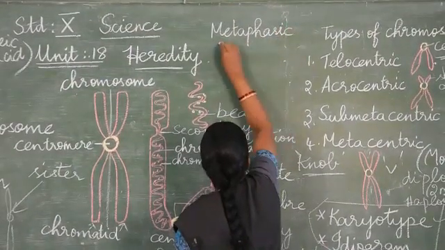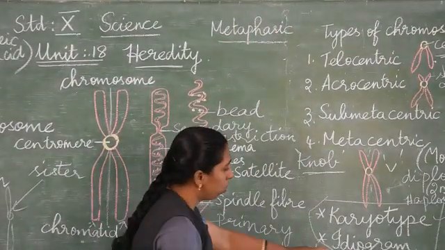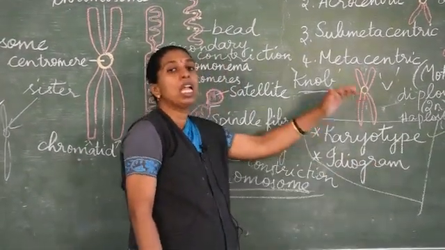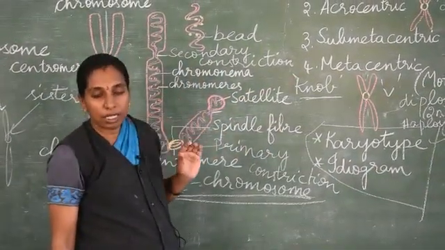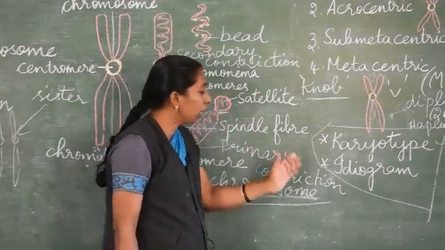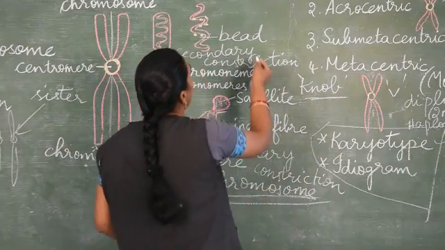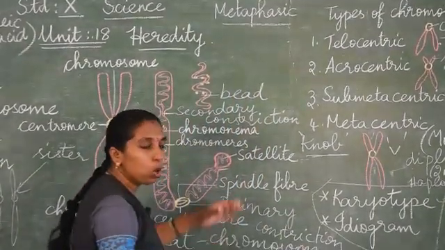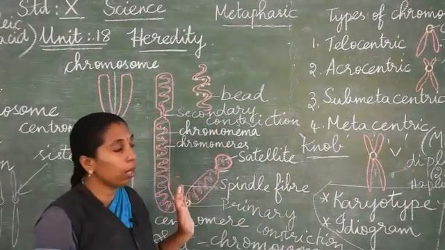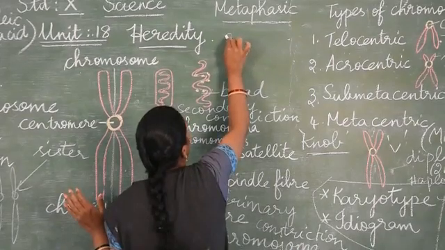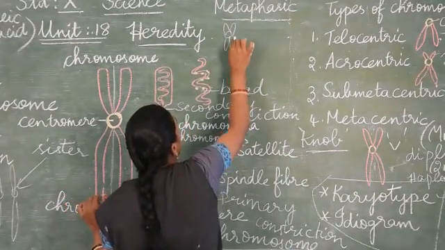Here I am speaking about this ideogram. This ideogram is nothing but a diagrammatic representation of all the 23 pairs of chromosomes in the metaphasic stage, all arranged in the middle. Here, as the number increases, there is a decrease in the length and thickness.